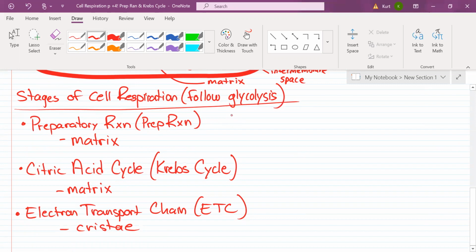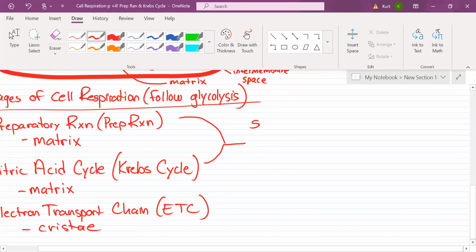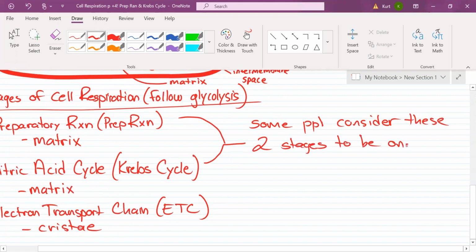Okay, guys, I want to make something clear to all of you. Depending on who you ask, some people like to make the prep reaction part of the Krebs cycle. Some people don't. I'm going to make them separate, but just in the event that it happens, I want to make this disclaimer for you. Some people consider these two stages to be one and the same.